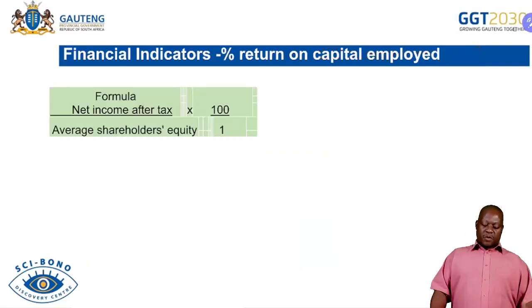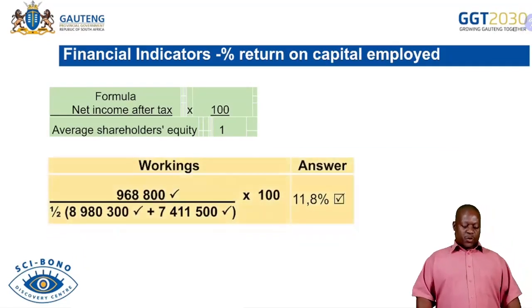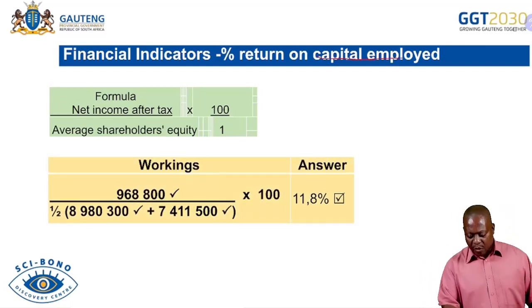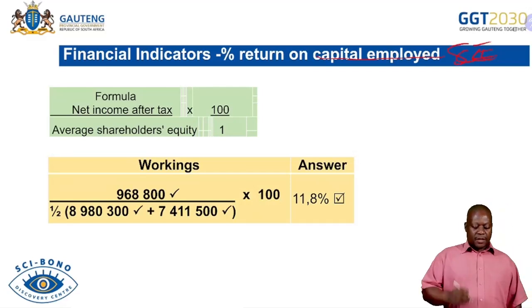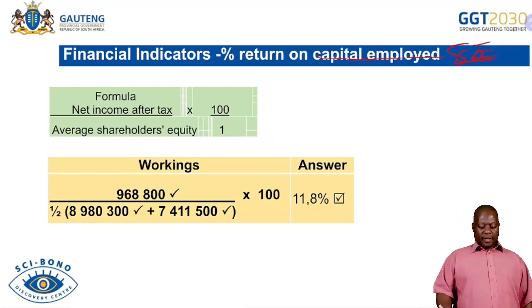So having the formula the way it is given, now let's see how it is going to be done. It is going to be simply now shareholders' equity. Now it is going to be 968,000 divided by the closing shareholders' equity plus the opening shareholders' equity.